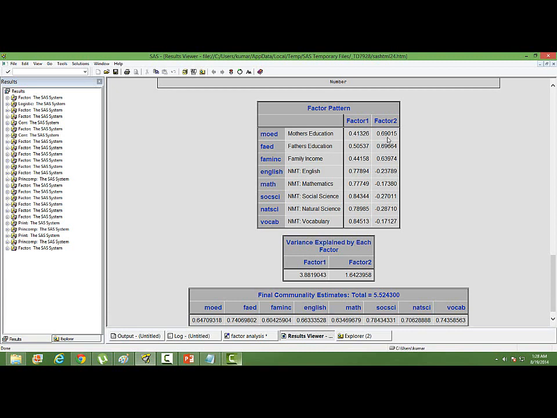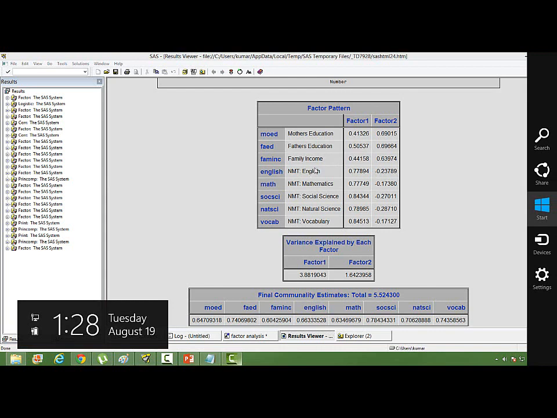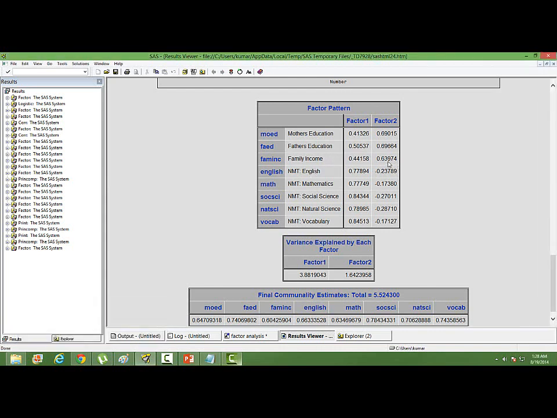0.69 is significantly higher than 0.41. Hence, mother's education is related to component 2. Similarly, father's education is also related to component 2, and family income is related to component 2. In all other variables, you see the loading for component 1 is higher than component 2.